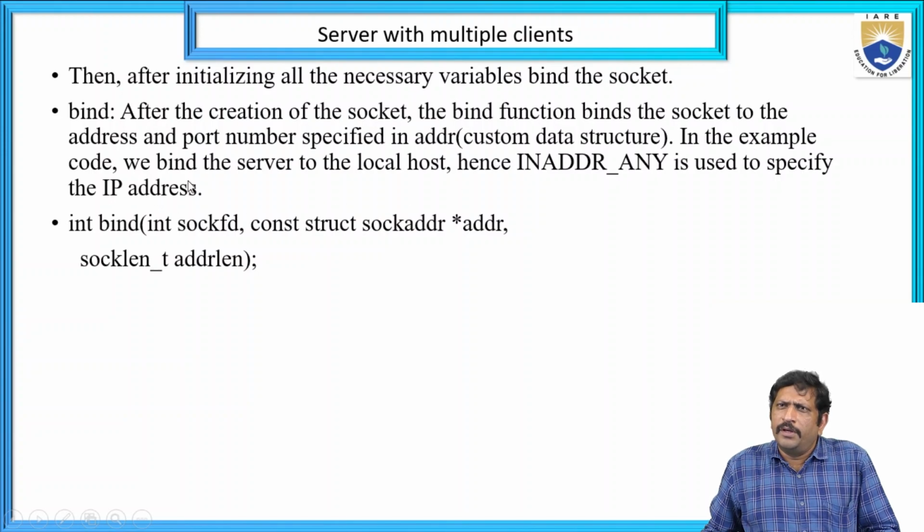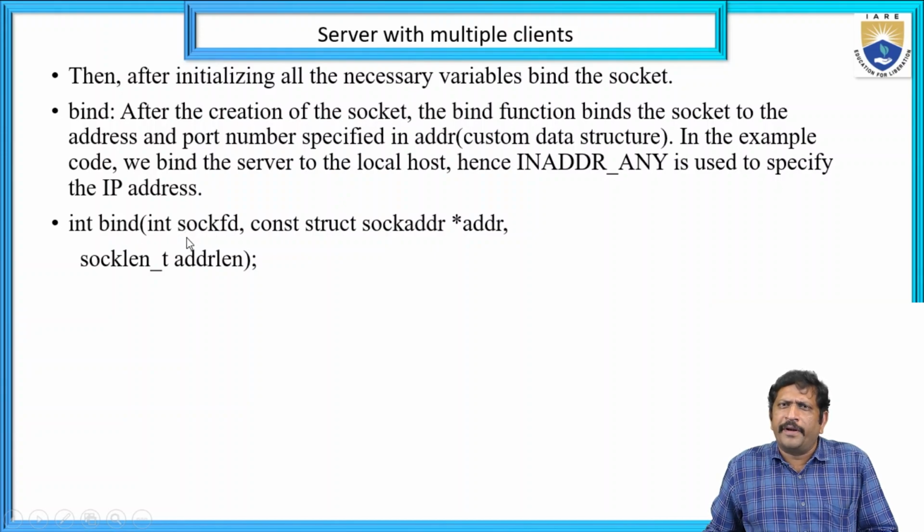So the example code is given for bind. It will bind the server to the local host. Hence INADDR_ANY is used to specify the IP address of a server and the client. The function for binding is int bind.